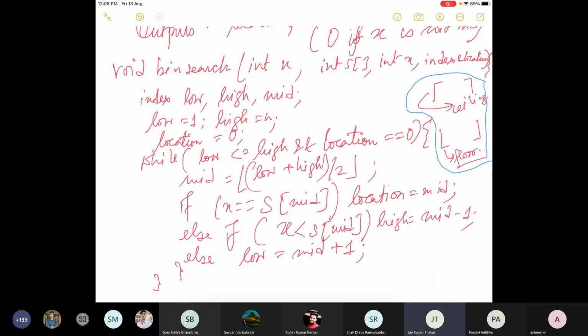Sir, in this function itself, what is the ceiling and floor function? So you have to go back to your mathematics days. This is very difficult to take up in this course.